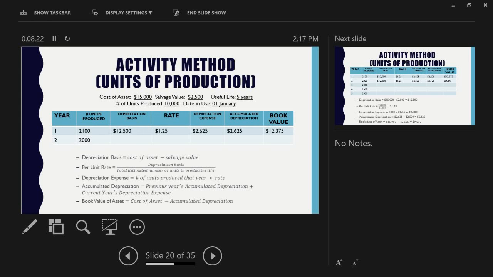So it's still the same as before, 12,500. Under depreciation, we should put down 12,500. The next slide, I have all the answers up, so I just have to wait till you finish all the answers before I can post it up.